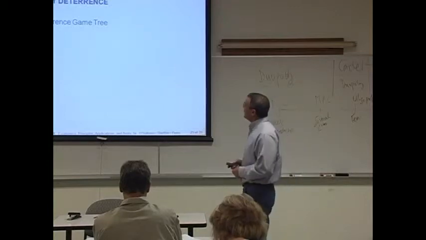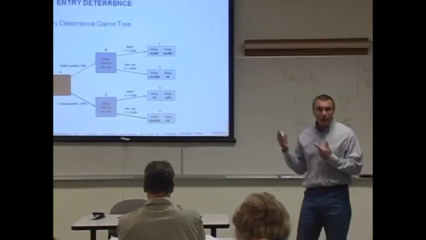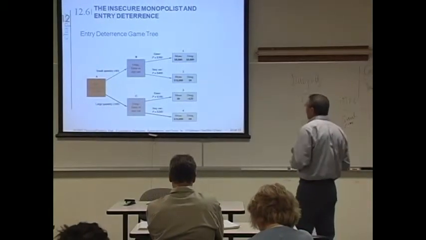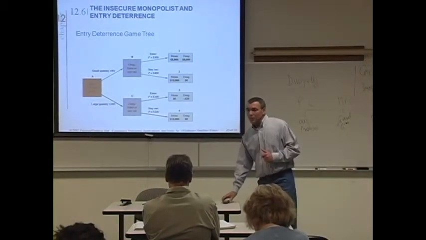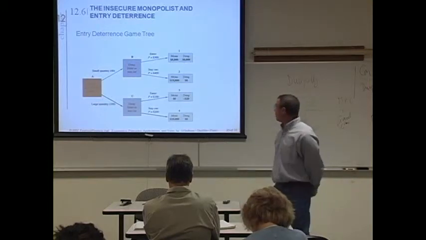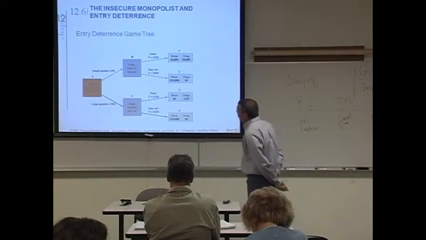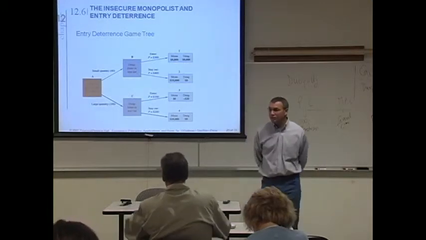So, entry deterrence game tree. We're going to use all those numbers that I had in that graph to show whether the incumbent will deter or not. So we're looking at two companies, Mona and Doug, just different names.